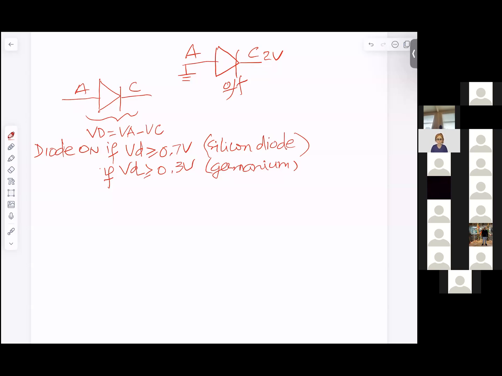The anode is at ground, which is basically 0, and the cathode is at 2 volts. So the cathode is greater than the anode, so it's off. Okay. If it's off, it looks like an open between A and C. That means when it's off.